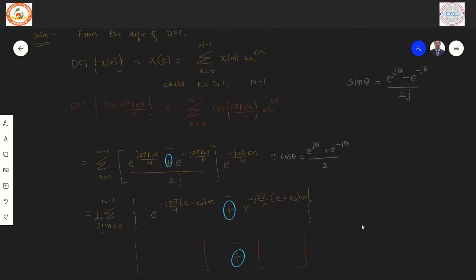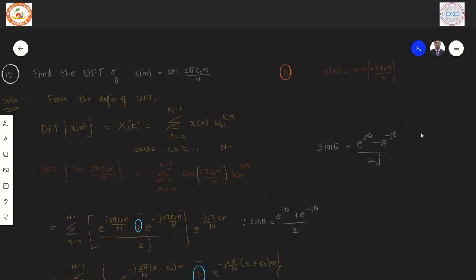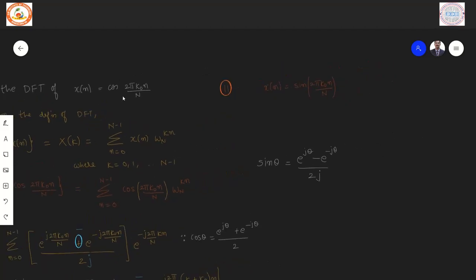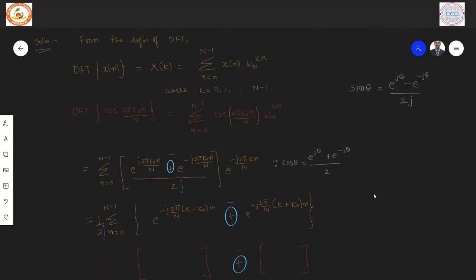Now, a very similar looking problem we will find is for sine. Instead of cos, if you're given x of n is sine 2 pi k naught n by n, then the substitution will be sine theta is equal to e power of j theta minus e power of minus j theta divided by 2j. As you can see here, the same I have tried to highlight here in the problem by illustrating it in blue.